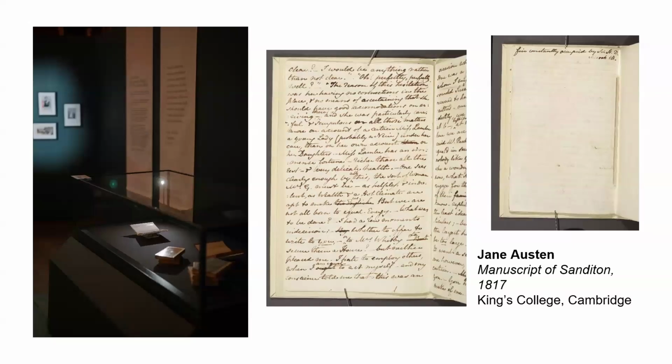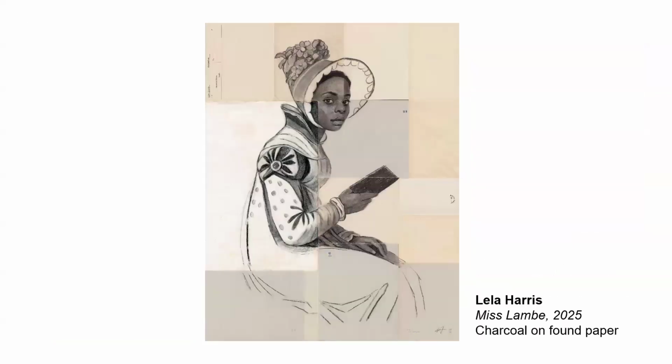And the other very significant thing about Sanditon, of course, is that the novel contains Austen's only character explicitly of African heritage, Miss Lamb, who is a wealthy heiress from the Caribbean. Sadly, because the novel is unfinished, we don't know how Miss Lamb's story was intended to pan out.